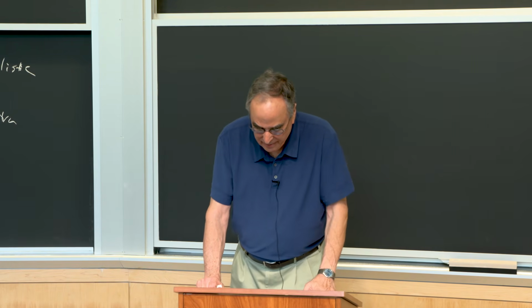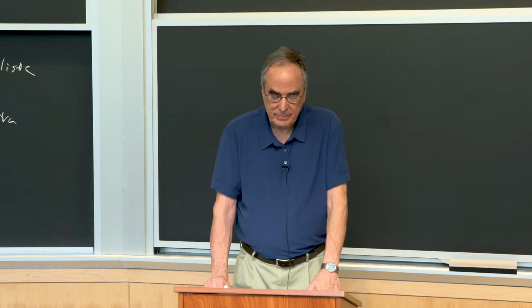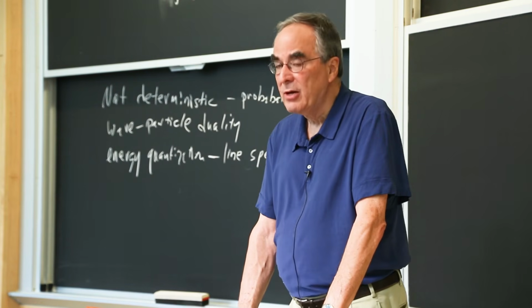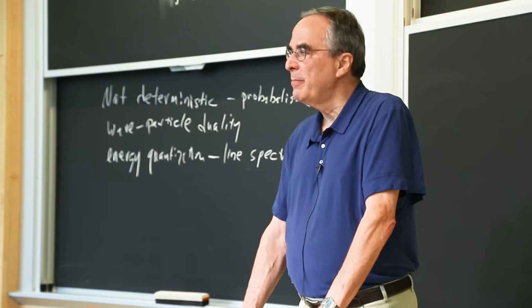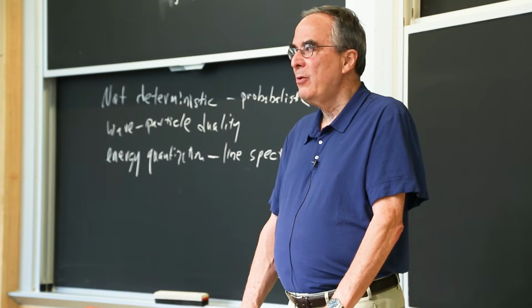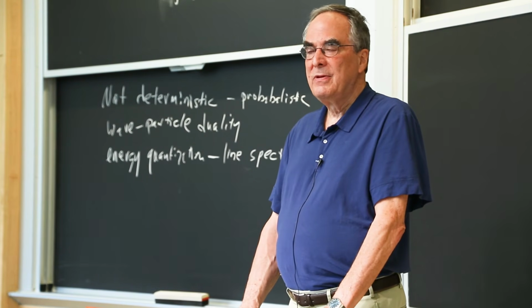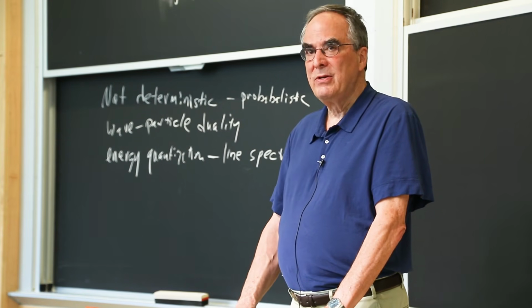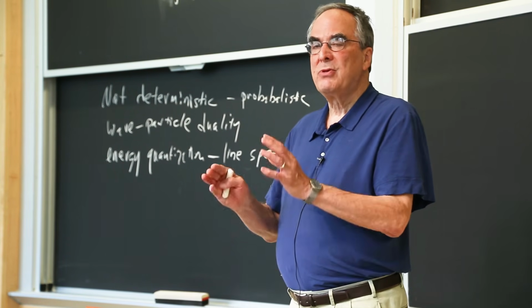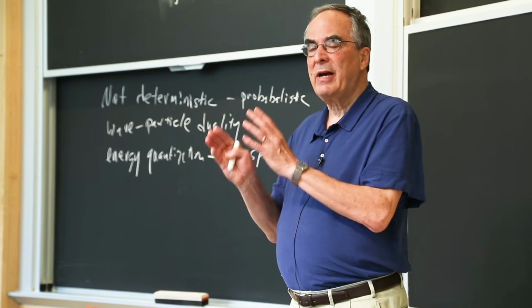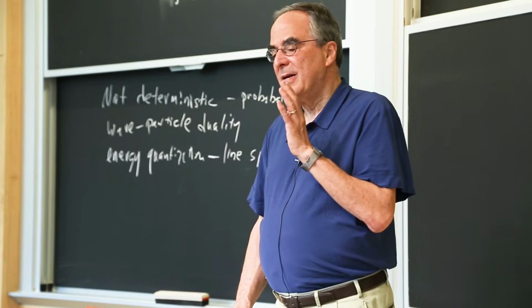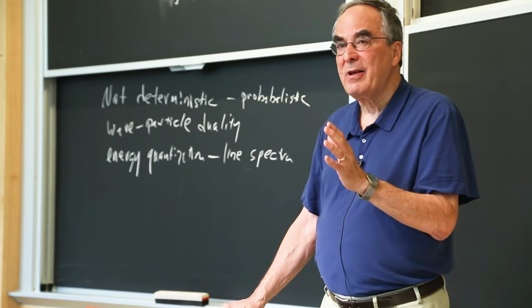Now, I just want to warn you that there are two ways of presenting quantum mechanics. The Schrödinger picture, which is differential equations and wave functions, and the Heisenberg picture, which is matrix mechanics, where we have matrices and we have eigenvectors. And I am an advocate.